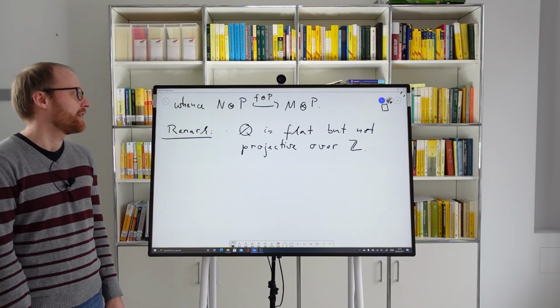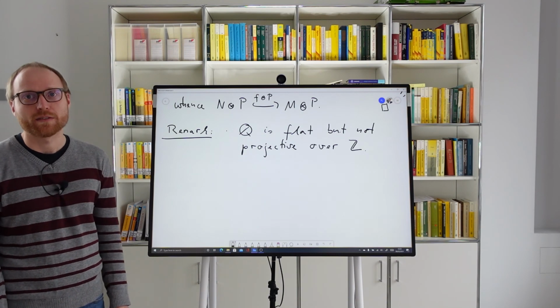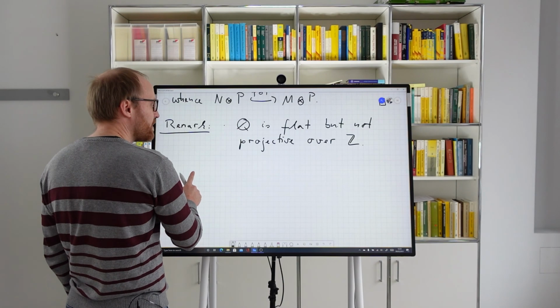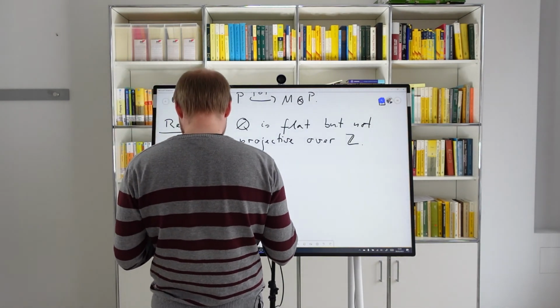And this cannot happen if Q was a direct summand of a free module. So this is a little exercise, but it's not too hard. So Q is actually flat, but not projective over Z.